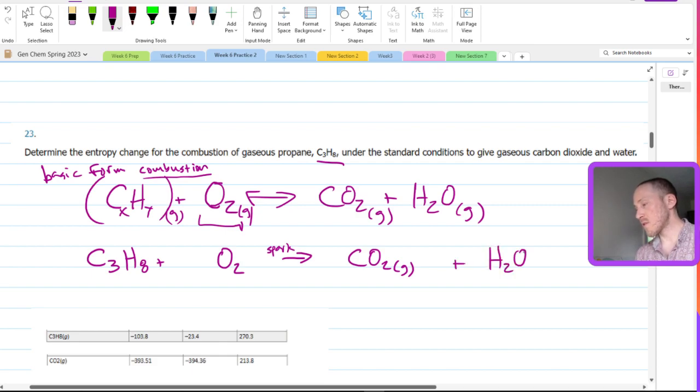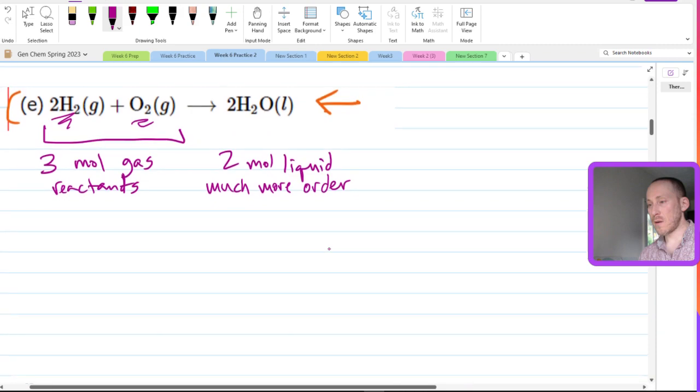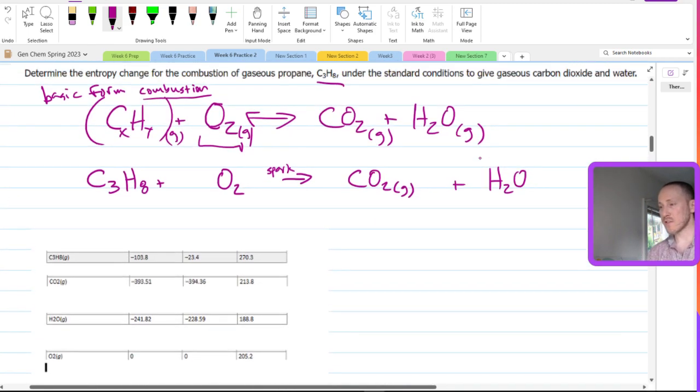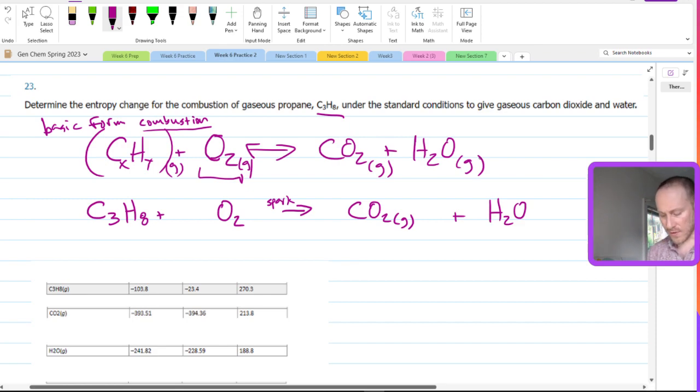So after we do this step, when we set up this kind of thing, our delta S products minus reactants, we're going to have a lot going on with our stoichiometric coefficients. That's kind of the point of this problem, in my opinion. So the thing now, of course, is we have 3 carbons on this side. There's only 1 carbon there, so we need at least 3 CO2s.